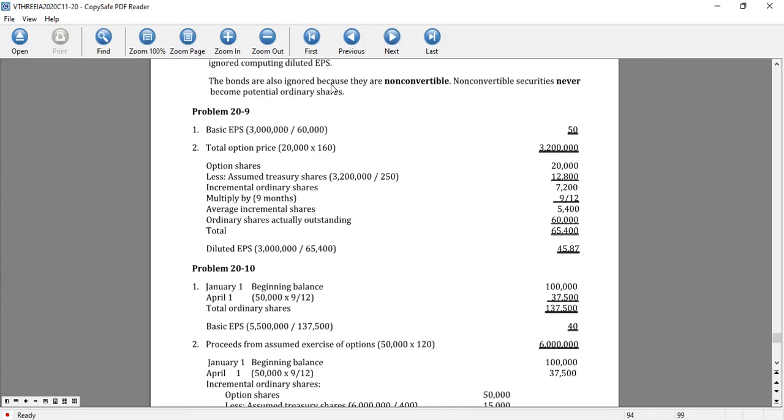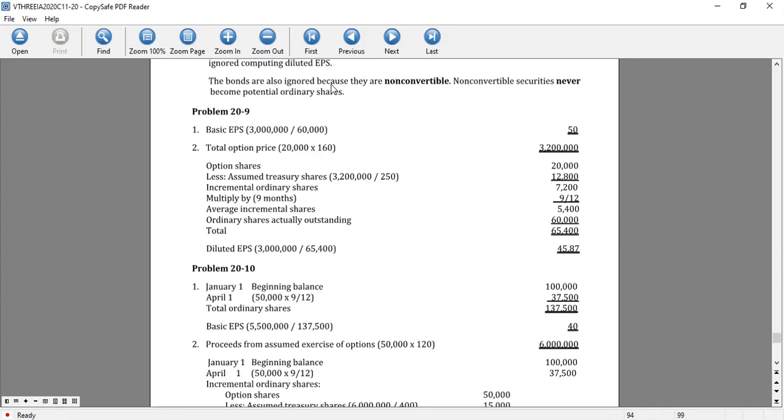The fair value of each stock option is set at 100, and the average market price during the year was 250. The ending market price is 300.